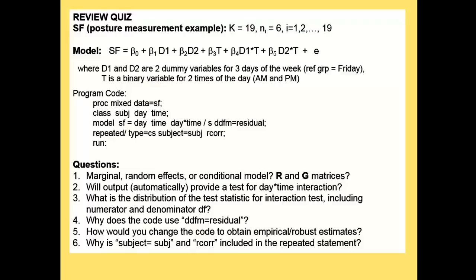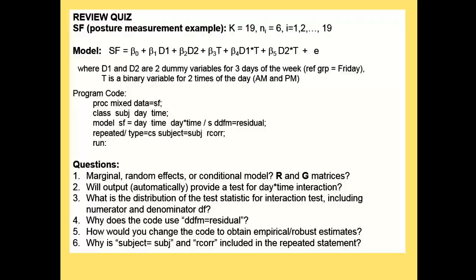That's telling the computer what the cluster is. Well, what's vcorr asking the computer to do? It's giving you the estimated R matrix, which, in this model, is compound symmetric.